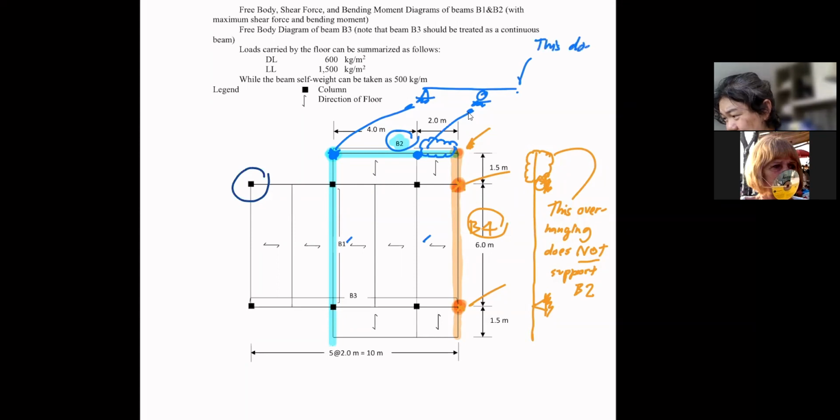And likewise, this also does not support B4. In other words, we engineers tend to make this portion and that portion strong enough to survive by themselves.